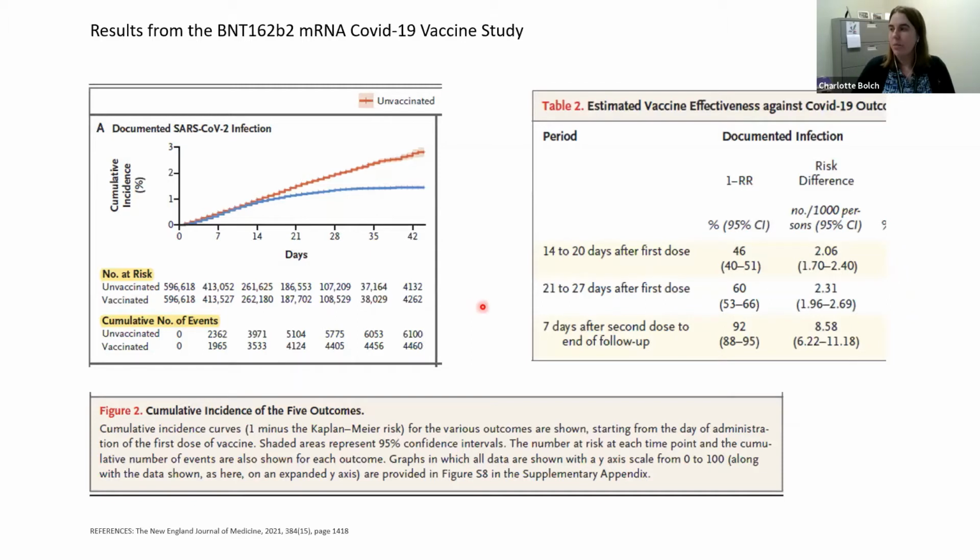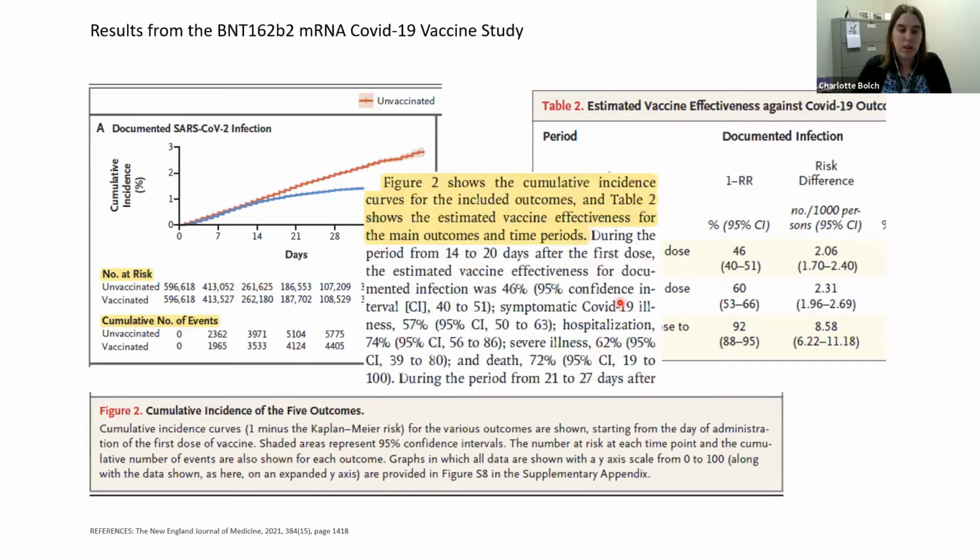In table 2, this is normally the table where they're talking about the vaccine effectiveness. We can see that they are reporting this as 1 minus the relative risk. The vaccine effectiveness for 14 to 20 days after the first dose for this documented infection is 46%, and then we see that slowly climb to 92% for 7 days after the second dose to the end of follow-up.